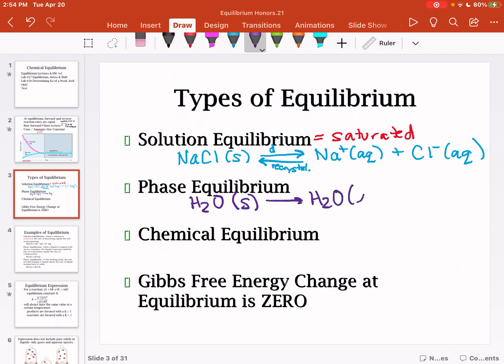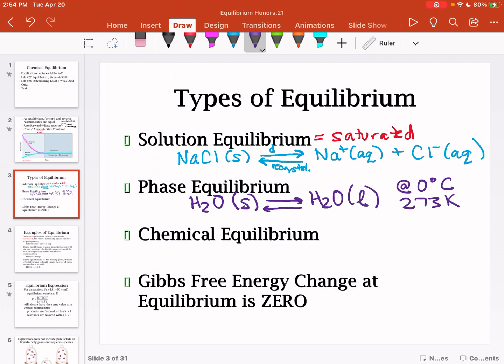And if I'm at 0 degrees Celsius or 273 Kelvin, what do I know? I'm at melting point. So what's going to happen? I know that melting is going to take place, but guess what? Refreezing is also going to take place. So the rate of my forward reaction equals the rate of my reverse reaction when I'm at that melting point. We could say the same thing for boiling and condensing as well.